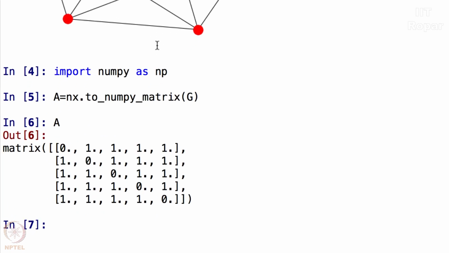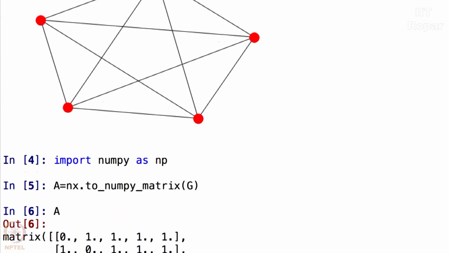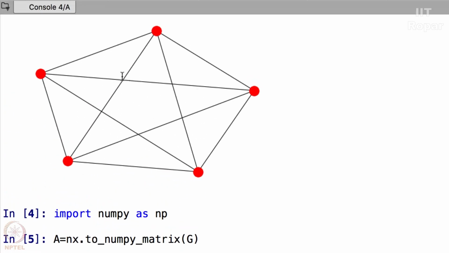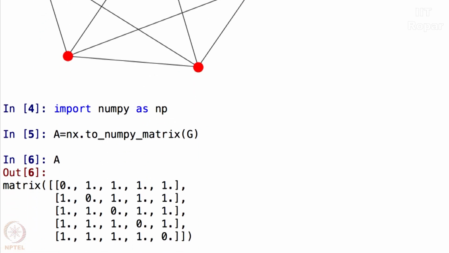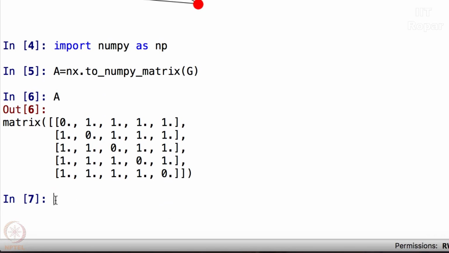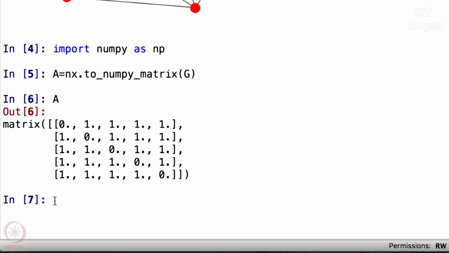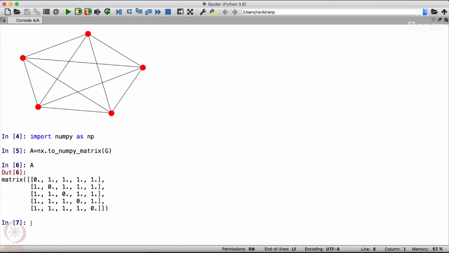Rest all are 1s here. Why is it so? Very obvious. It's a complete graph. Every vertex here is connected to every other vertex. And there is no loop on any vertex, and hence only the diagonals are 0 and rest all are 1s. So now we have seen how to get a matrix from a graph.